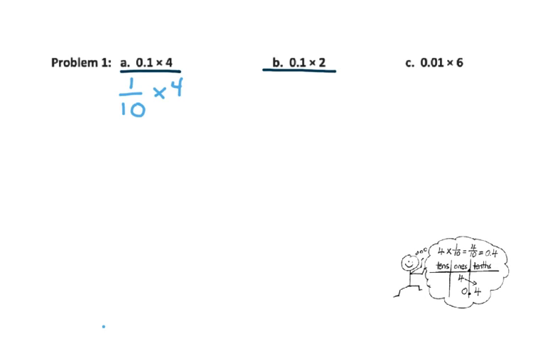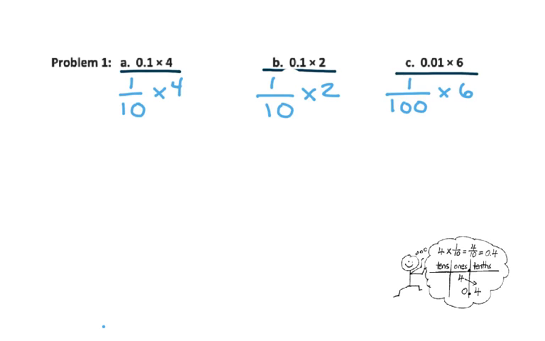I want to do the same thing with my second problem. So this would be 1/10 times 2, and if I follow the same pattern for my last problem here, I have 1/100th times 6.